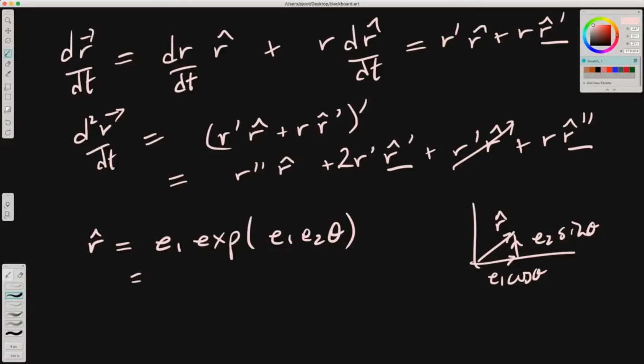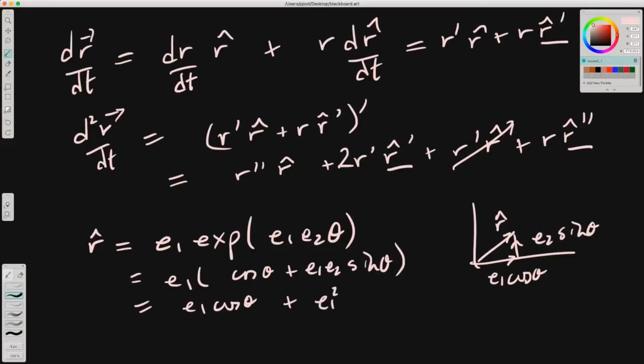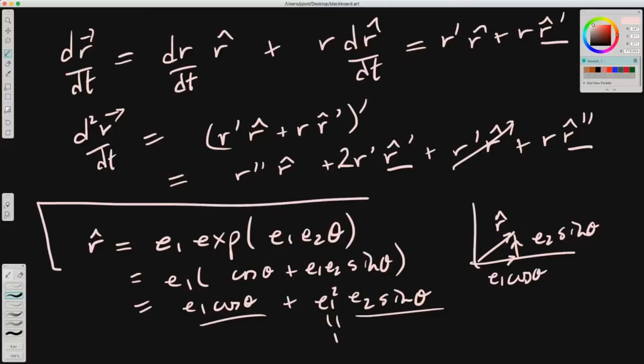If you expand this out, you have e1 times cos theta plus e1 e1 e2 sine theta, which is e1 cos theta plus e1 squared e2 sine theta, but e1 squared equals 1, so we have e1 cos theta plus e2 sine theta, which is what I claimed here. So we have a fairly simple representation for the unit radial vector in cylindrical coordinates.